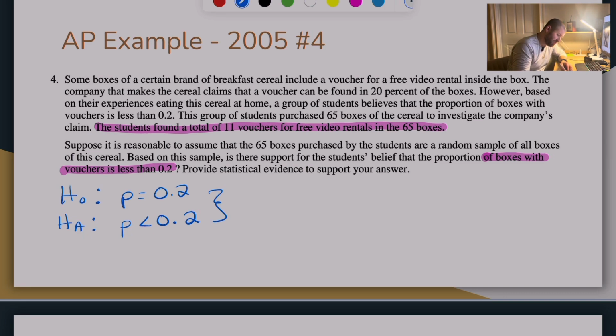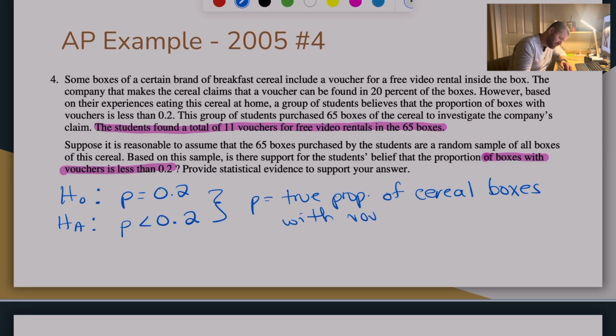What's important here is that we still define P as the true proportion of cereal boxes with these vouchers in them. It is still important here to define your parameter.